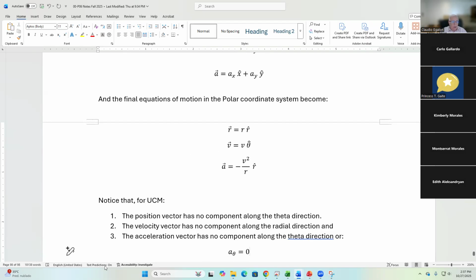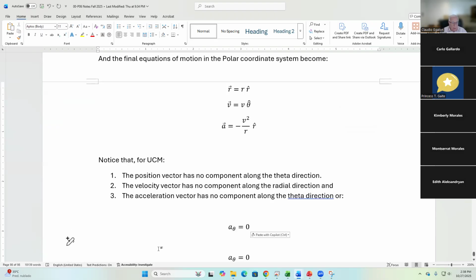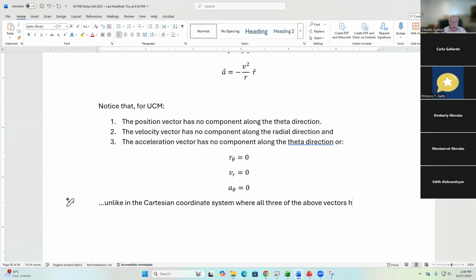I'm even going to go further than that. Theta component of R, R component of V, and theta component of A. Unlike in the Cartesian coordinate system, where all three of the above vectors have a non-zero component.